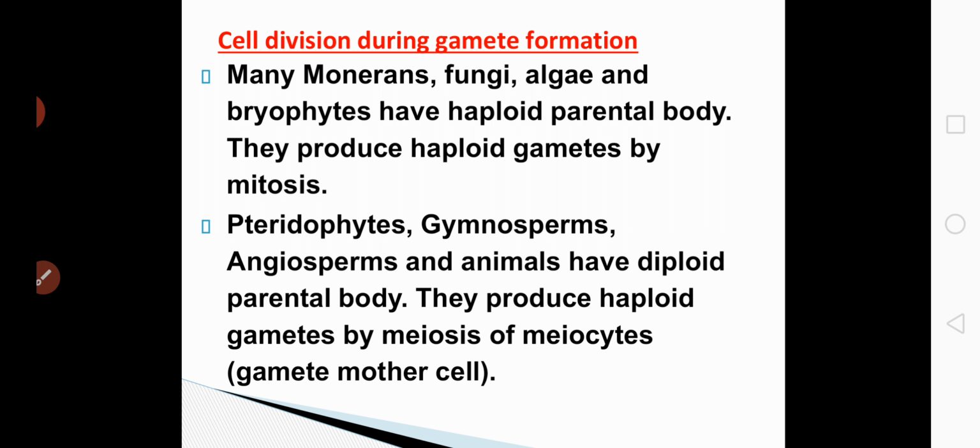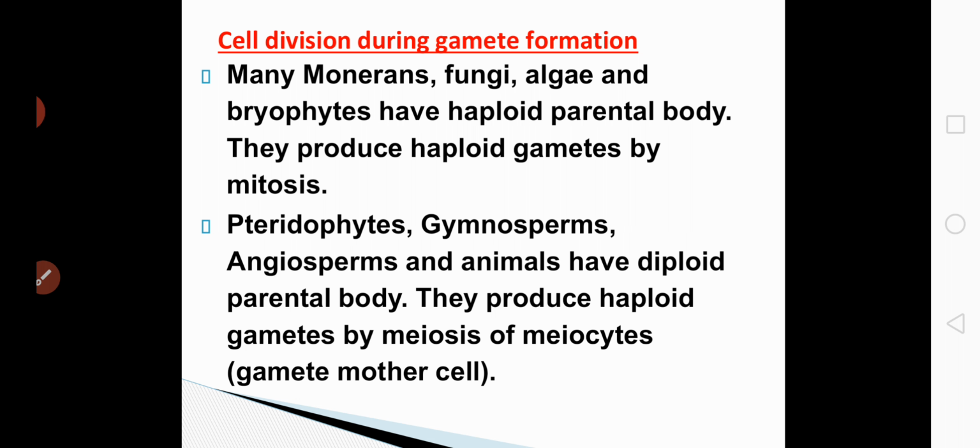As I said before, the gametes are haploid cells, correct? If the plant body is haploid, then the gametes are produced by mitotic division, because during mitosis the same number of chromosomes are transferred to the offspring cells, right?